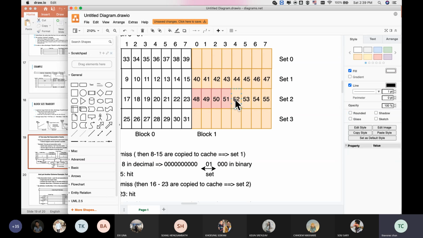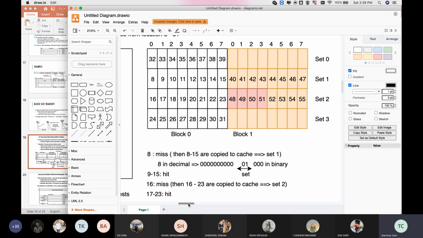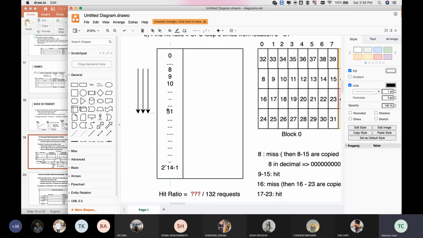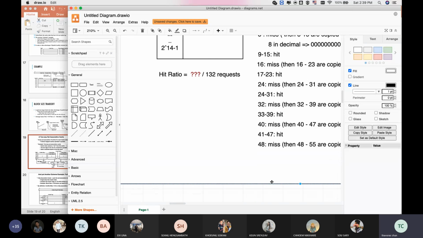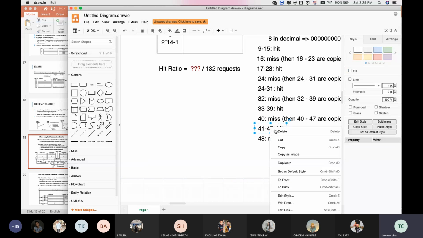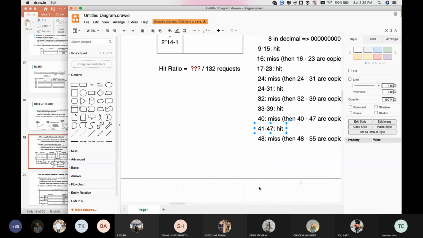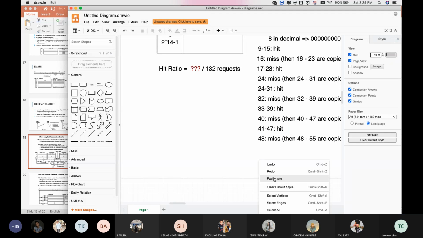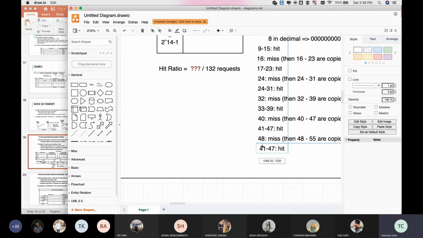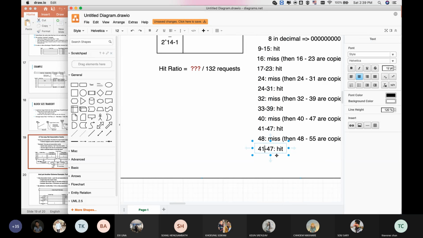The remaining here we don't access because remember, CPU may request until 51 only. So here's meaning that we are accessing only to 51. So here 49, and here 51.